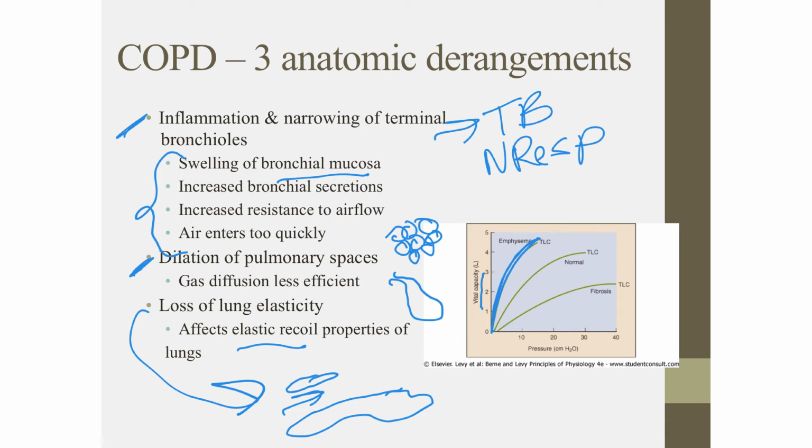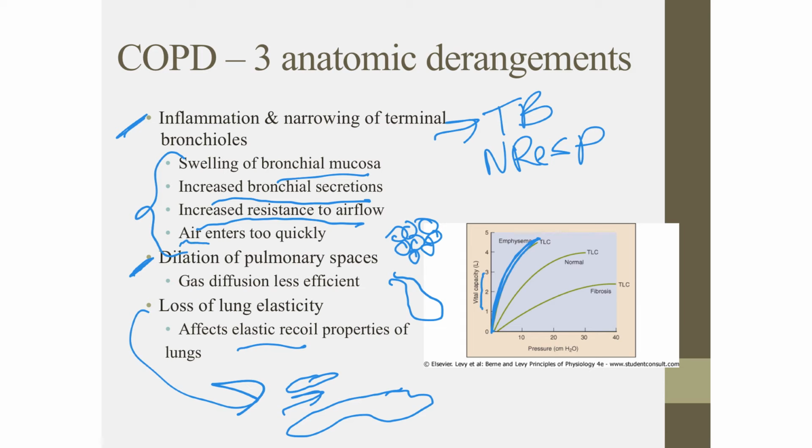Okay, so going back up here, with the inflammation, we see the swelling of the bronchial mucosa, so it becomes hypertrophic. We see increased bronchial secretions because mucus production goes up when there is bacteria there, when we're not feeling well. Increased resistance to airflow because of the hypertrophy of the epithelial tissue and also the smooth muscle. And then the vessel changes within the lungs. It's going to be difficult to get airflow and then also gas exchange.